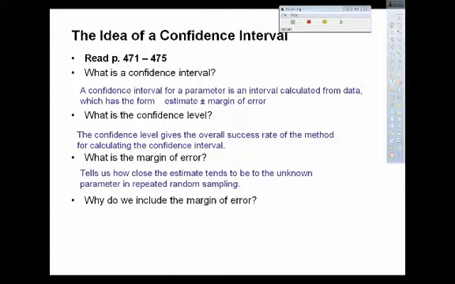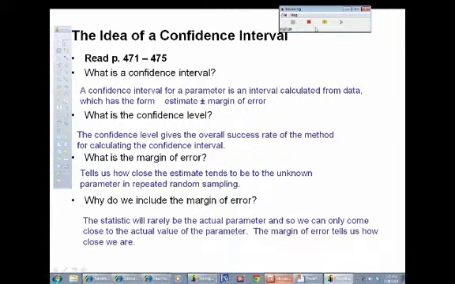Why do we include the margin of error? The statistic is rarely the actual parameter, so we can only come close to the actual value of the parameter. The margin of error tells us how close we are.